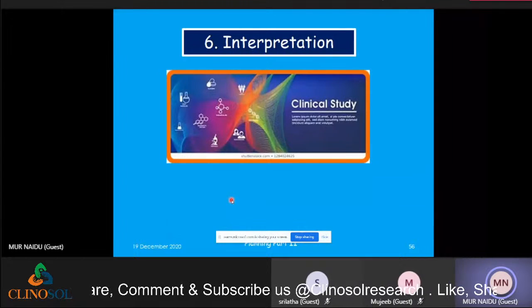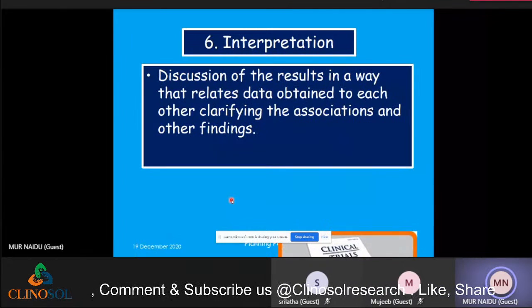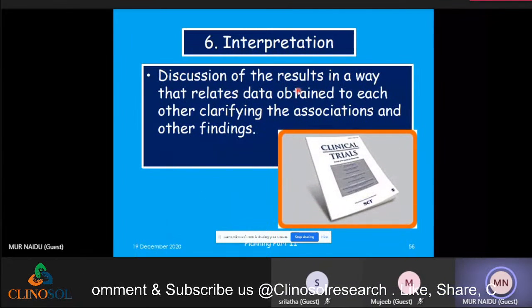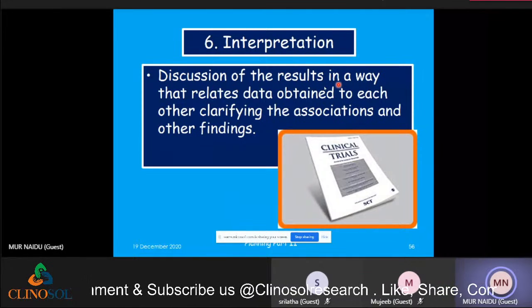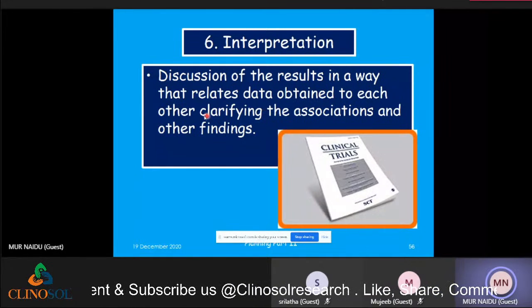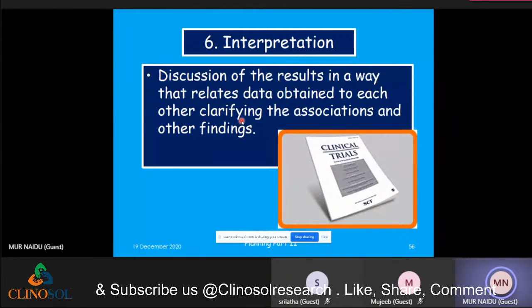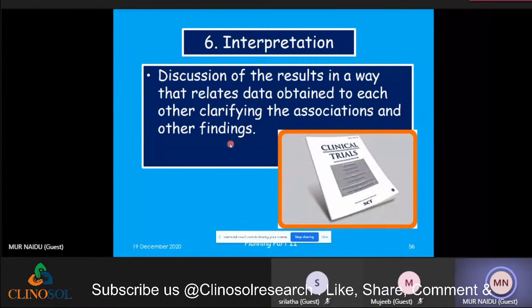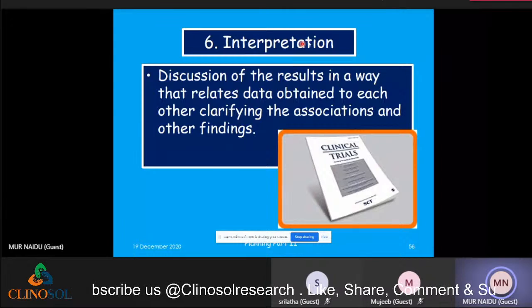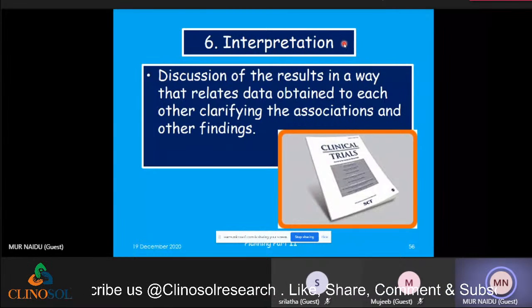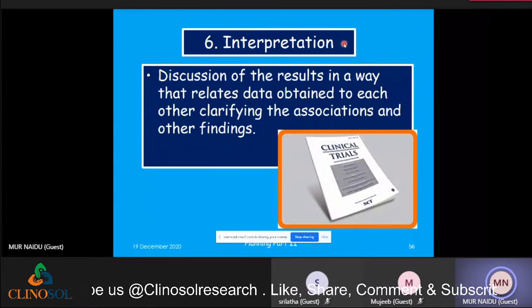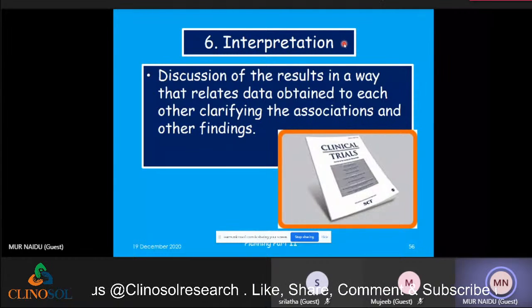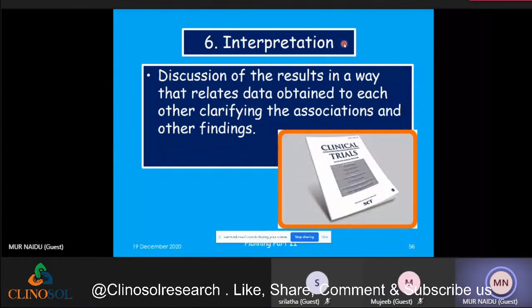Coming to interpretation, which is most important: the discussion of results in a way that relates the data obtained to each other and clarifies association with other findings. Because interpretation is very important, it is always advisable that all the raw data, everything, should be shown to other people.